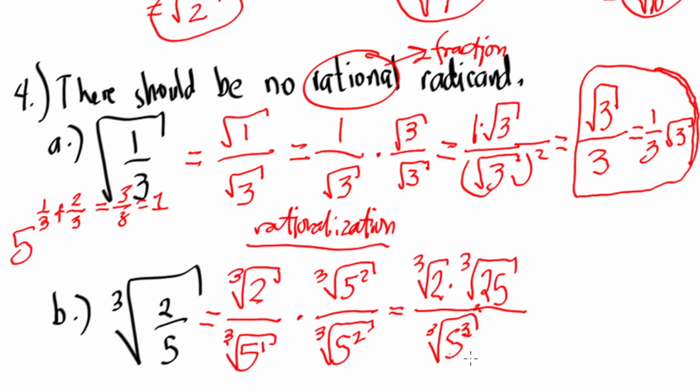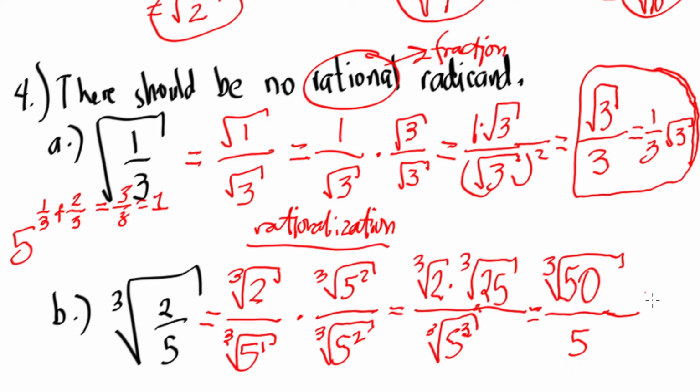So we can combine them since they have the same index. In the numerator they also have the same index, so we can combine them. 2 times 25 is going to give us 50. So that's the cube root of 50. And in the denominator, the cube root of 5 cubed is going to give us 5. That is getting rid of the whole radical. That's what we want to do here.